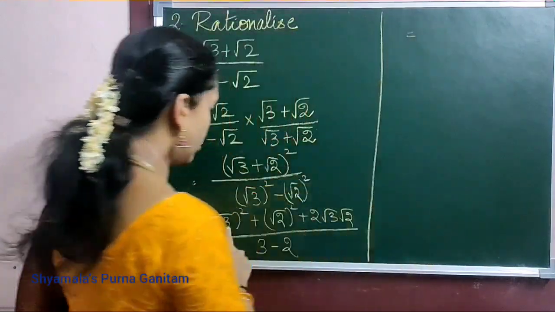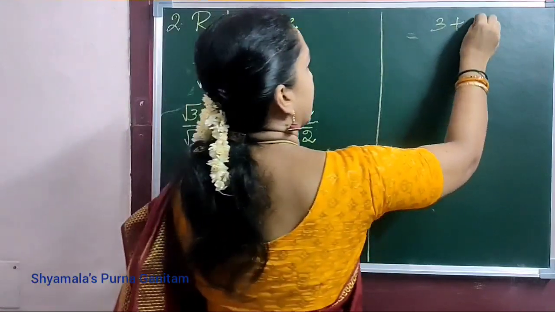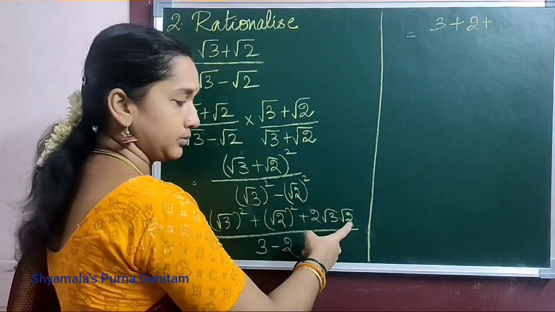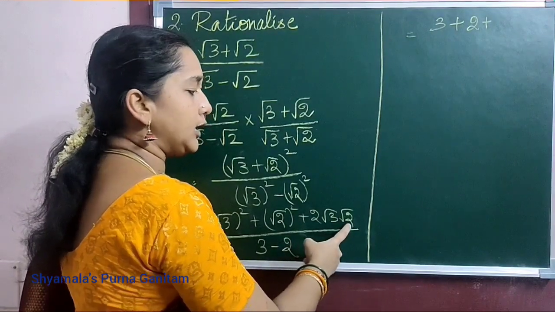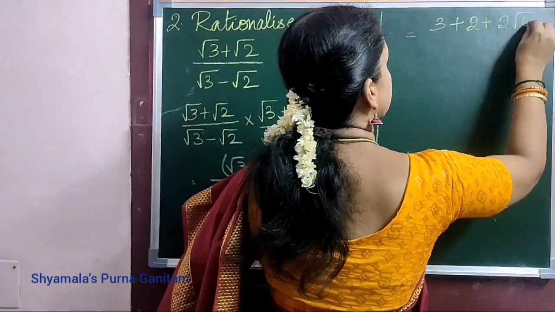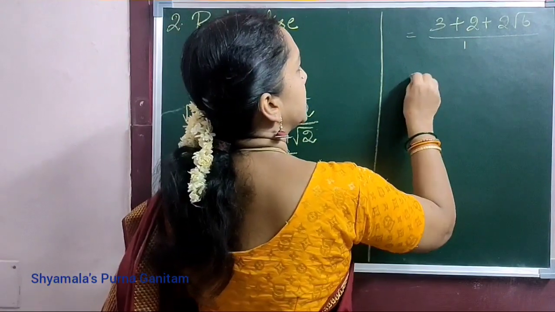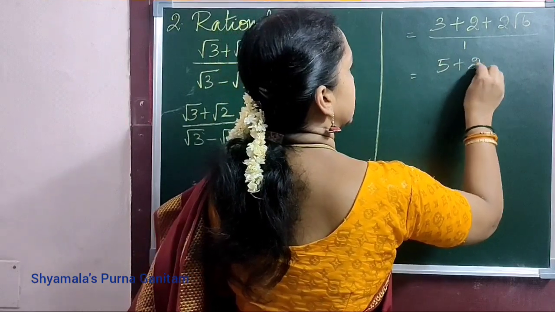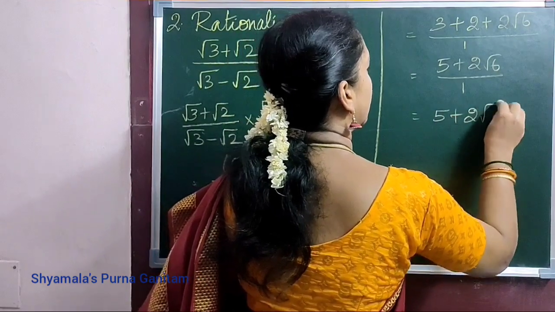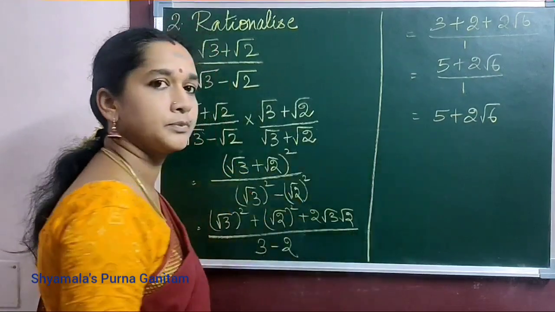So you will get root 3 the whole squared as 3, plus root 2 the whole squared as 2, plus 2 into root 3 into root 2. 2 into root 3 into root 2 will be, 3 twos are 6, so 2 root 6, by, in the denominator, 3 minus 2 it is 1. So 3 plus 2 is 5, 5 plus 2 root 6 by 1, you will get the answer as 5 plus 2 root 6. So you have rationalized this.